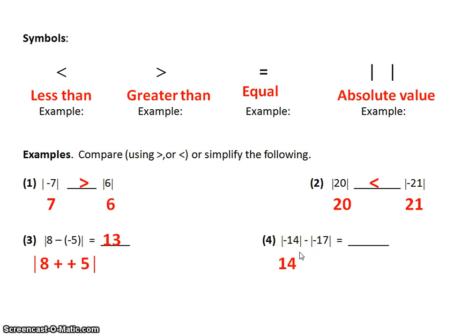It's 14 units. The absolute value of negative 17 is 17 units from 0. And you are being asked to find the difference of those two. So 14 minus 17 will come up with a negative 3.